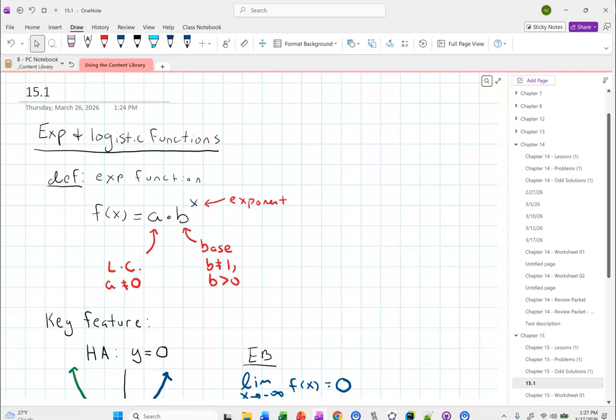These types of functions are related to a lot of financial mathematics. So we have some applications talking about compound interest and annuities and appreciation and depreciation of goods, and that all happens at the end of this chapter also. So it's a pretty big chapter, and we'll spend a bit of time here.